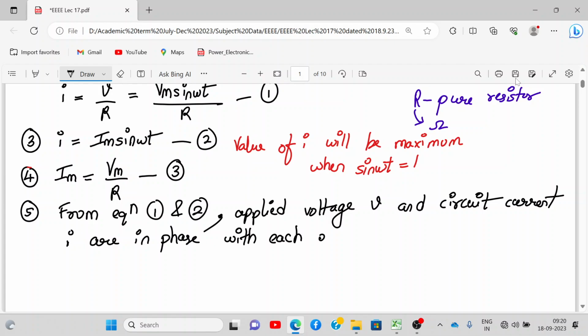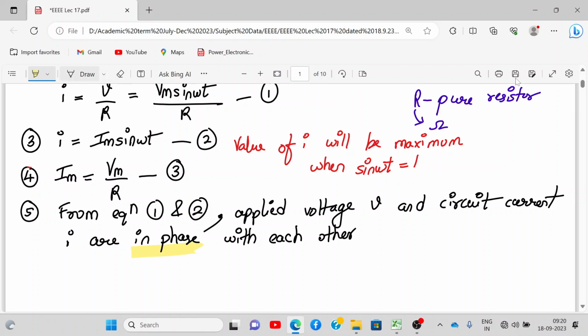That's an important point to note. How do we know they are in phase? Because the phase difference between them is 0 and they are almost the same. They are in phase with each other. So therefore, whenever AC current and AC voltage in a circuit are in phase, that circuit is resistive in nature.